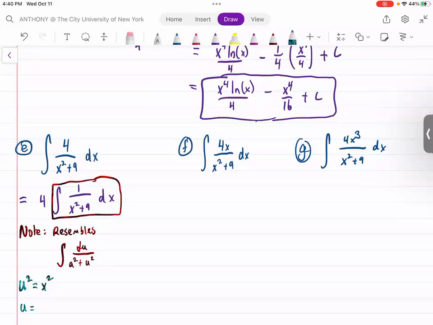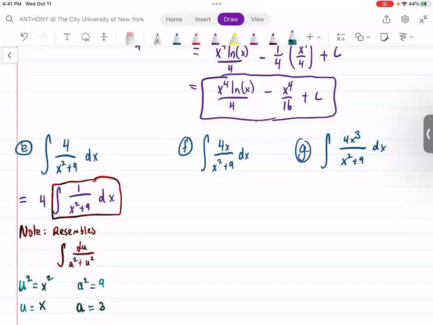The square root of u squared is u, and the square root of x squared is x. Okay, good. And if a squared is equal to 9, then a is equal to 3.